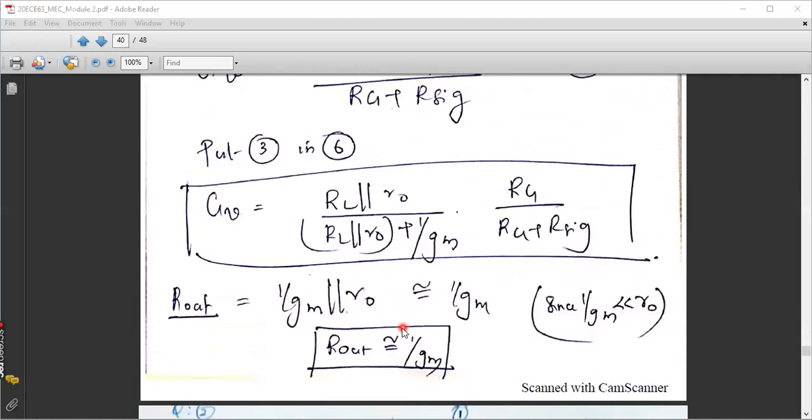Buffering in the sense, there is no change in your output because it is providing a unity gain. There is not much amplification imparted by this particular circuit. Almost you can say that V0 is equal to Vsig. Whatever we have applied as Vsig, that is getting across the load as well. And also we are offering high input and less output resistance.